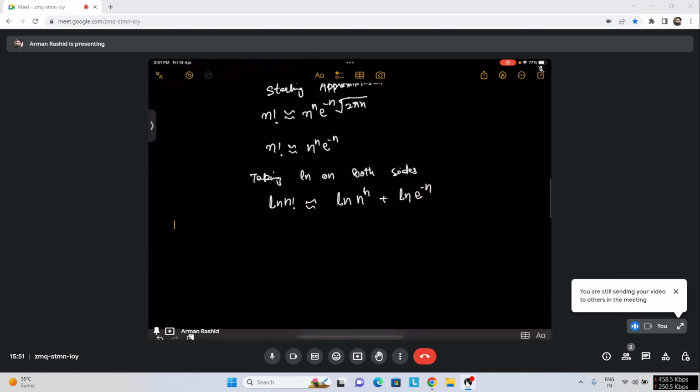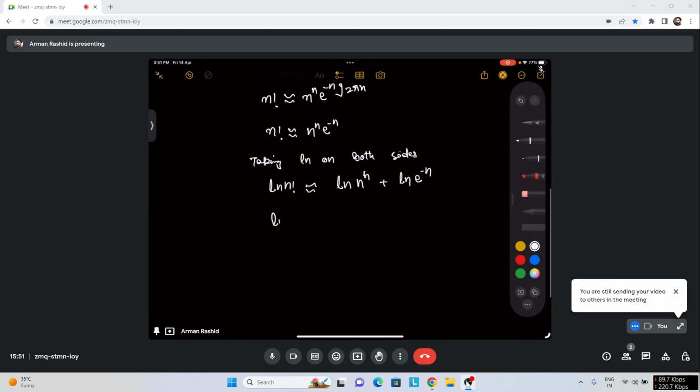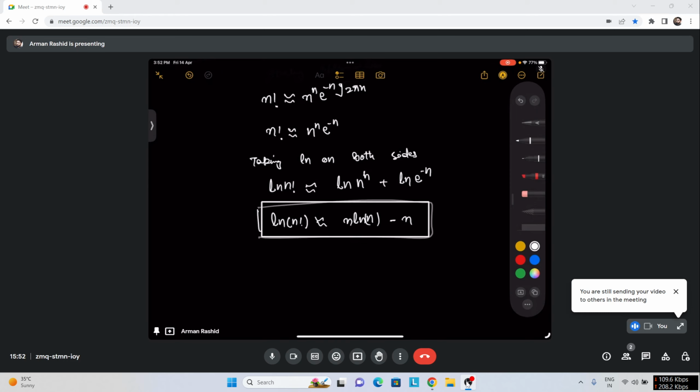Okay, so what we'll get is ln of n factorial will be given by n ln n minus n. Okay, so this is the simplest form of Stirling's approximation.